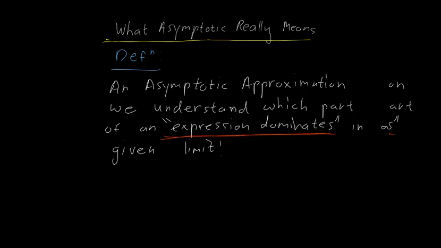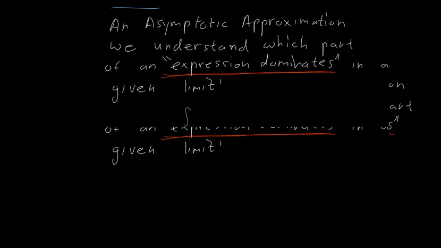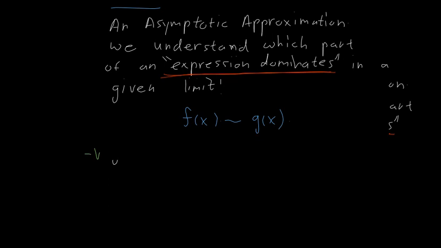Now, what we can do here is, let me give you an exact mathematical definition of this. So if I have a function f of x, and another function g of x, and we put the squiggly line here to say that they're asymptotic, we're saying that these two behave in the same way.